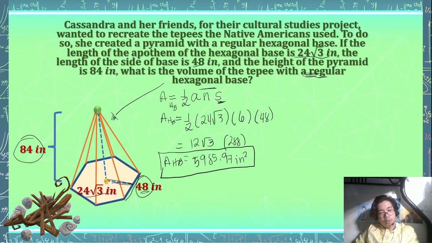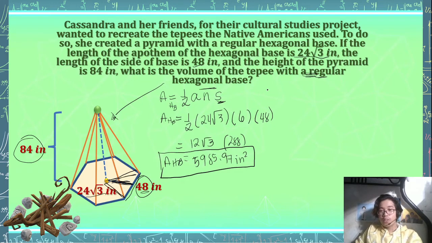So that's the area of the hexagonal base. But we also know another way of finding it. We can divide the hexagon into 6 equilateral triangles, so we can first find the area of one equilateral triangle.